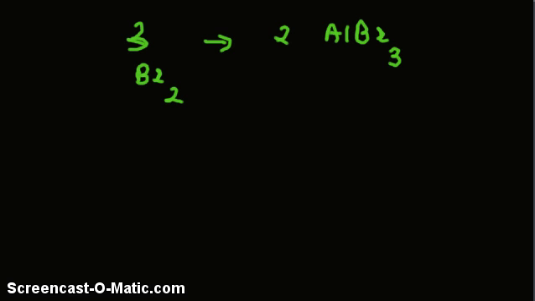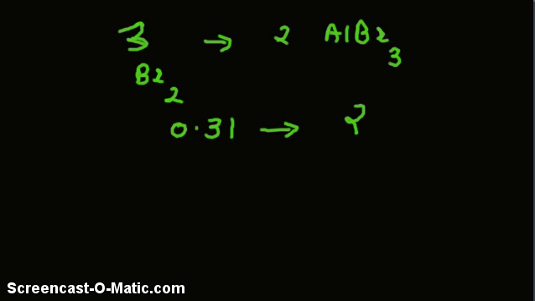So the equation goes as, if 3 moles of bromine are producing 2 moles of aluminum bromide, in that case 0.31, which is the actual quantity available with us, would produce how many moles of aluminum bromide?